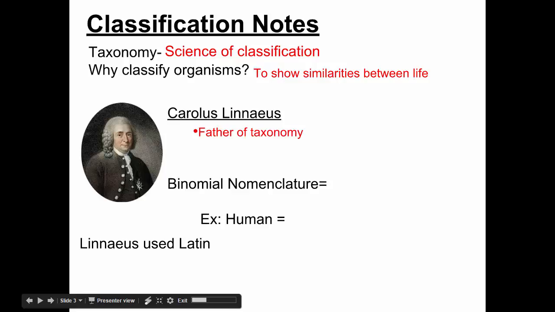Linnaeus is thought of as the father of taxonomy, kind of like who we say was the father of natural selection. He jump-started our modern thinking about classification, and he developed a system that we still use today called binomial nomenclature.